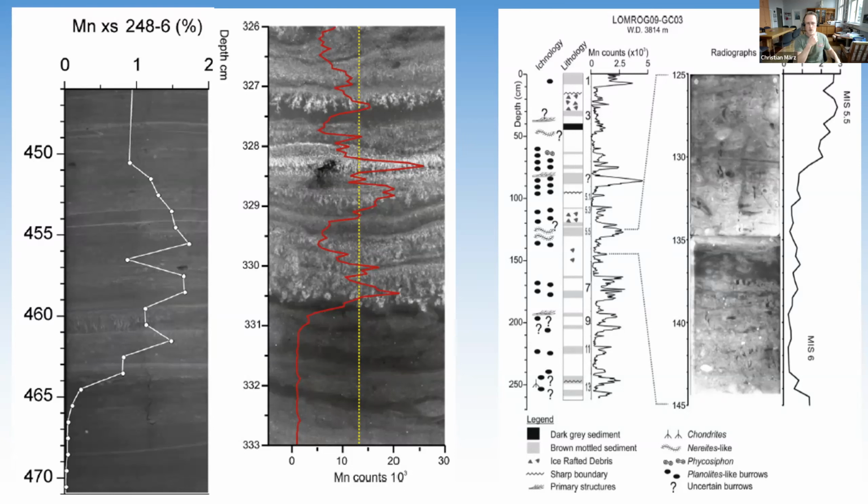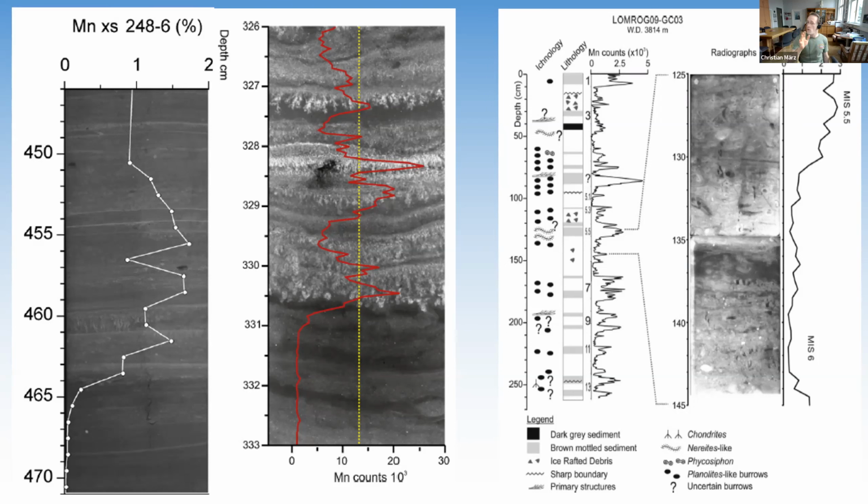So the left-hand core here is from the Alpha Ridge, which is one of the most ice-infested parts of the Arctic Ocean. And you can see these interesting dendritic structures. Here, manganese oxides have basically been added diagenetically to the sediment, and you're generating a manganese layer that is unrelated to depositional processes.